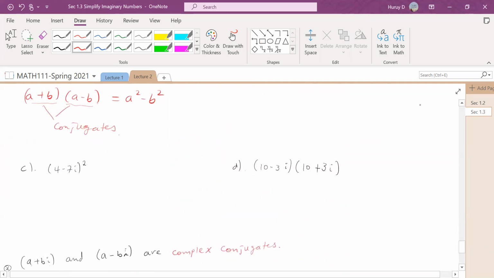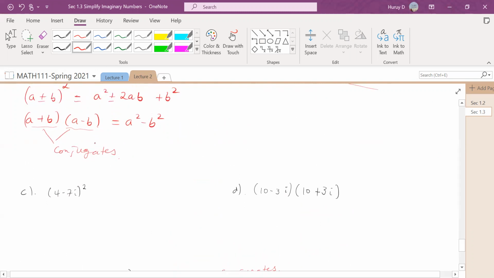Now let me show you this one. Using the first property, this one is (4 − 7i) squared, and that's 4 squared, which is 16, minus, because this is a minus, 2 times 4 times 7i, plus (7i) squared. We have 16 minus 56i plus 49i squared.